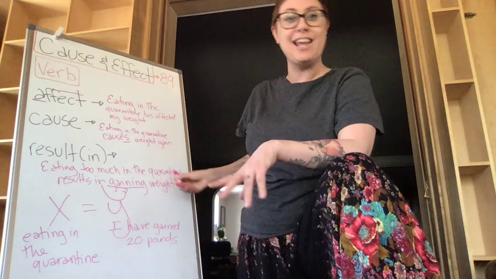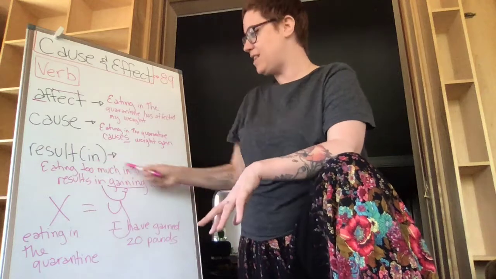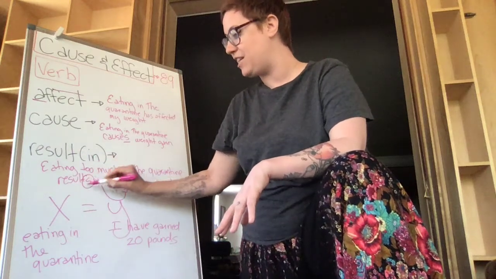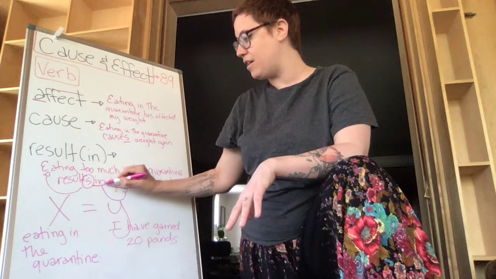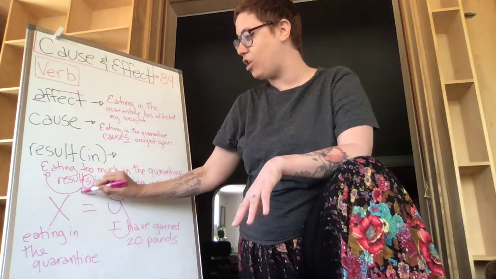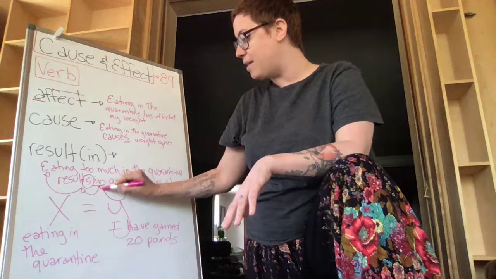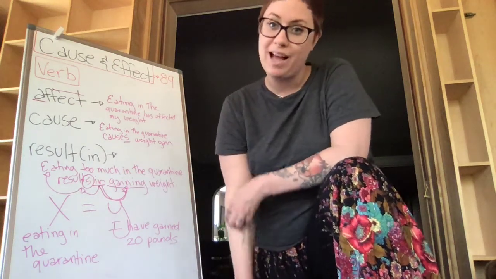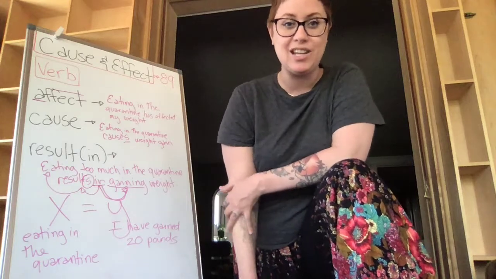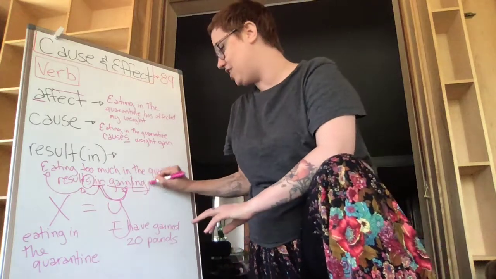The subject is eating too much in the quarantine. Of course we have an S here because it agrees with the subject. And then we have the preposition in that collocates with result. And then the object of the preposition is a verb, and because it's an object of a preposition, it is in ing.